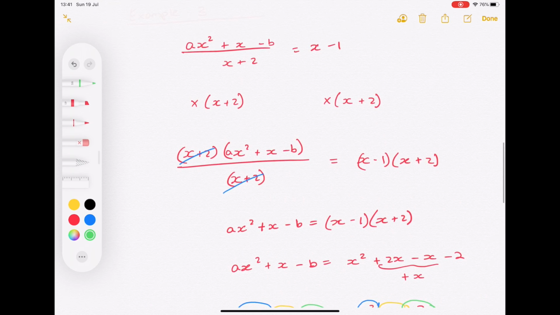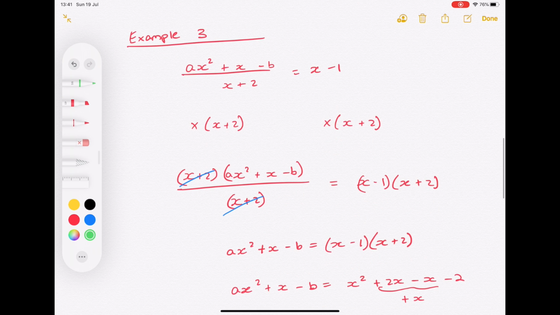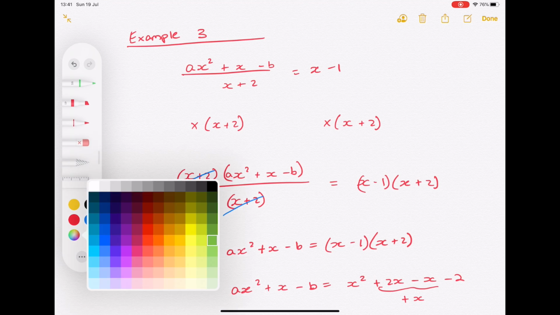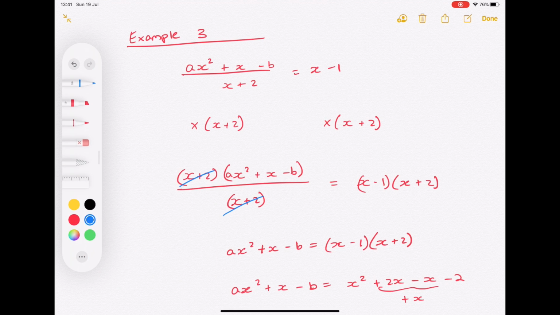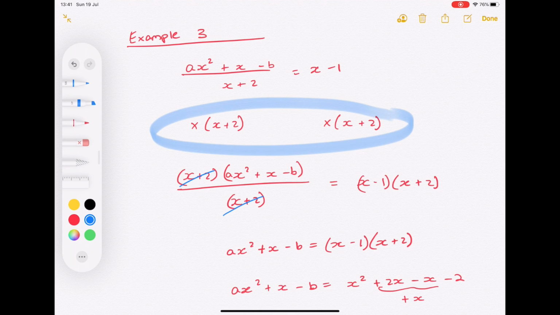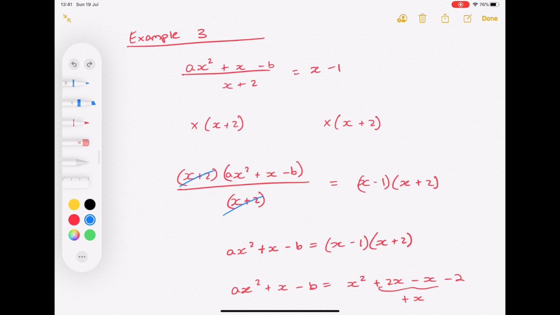So just to quickly run through that, what were the hardest parts of this question? What made this question harder? Well, definitely the fact that we had a fraction right at the top here, which I'm just going to highlight in blue. This one over here. That's what makes this question hard. But we quickly dealt with that situation by doing this operation here, by multiplying by the denominator.